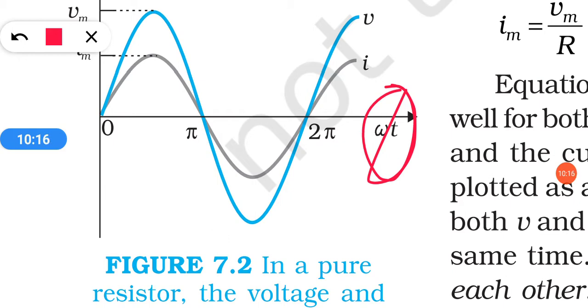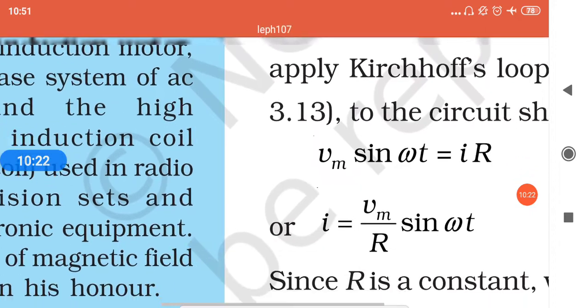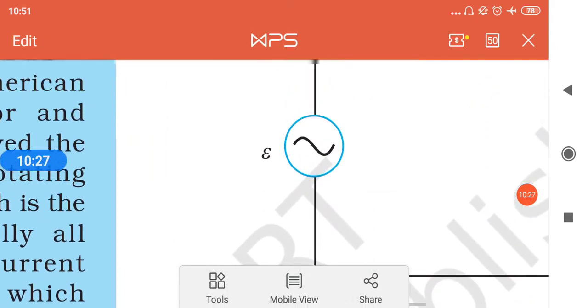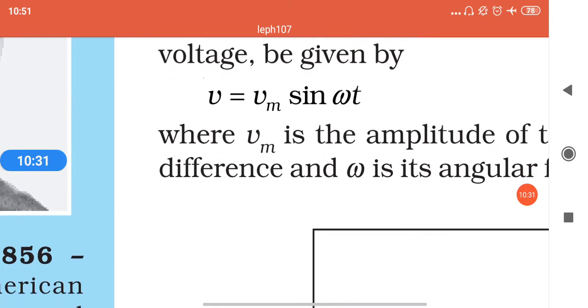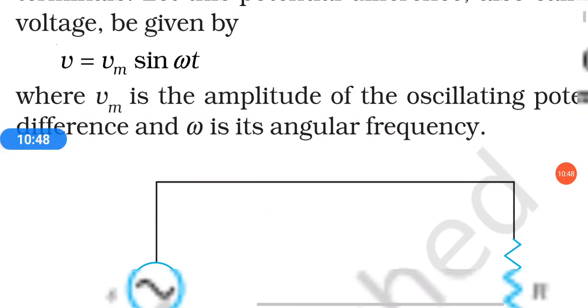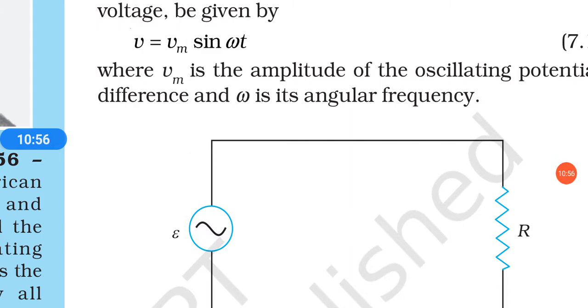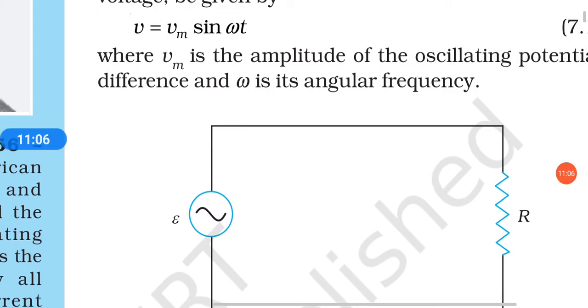So V equals Vm sine omega t, which varies with respect to omega t, that is, with respect to phase angles, where Vm is the amplitude of the oscillating potential difference, and omega is the angular frequency.